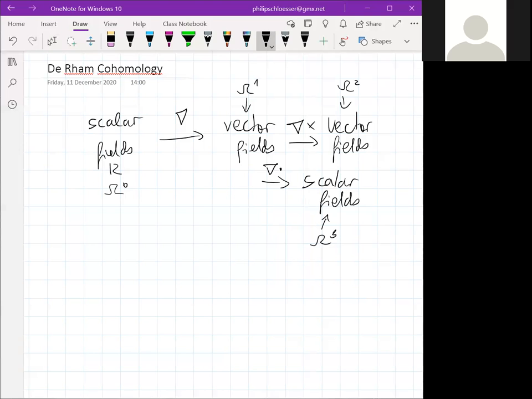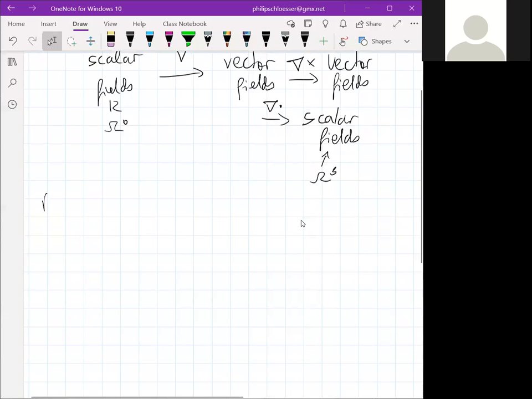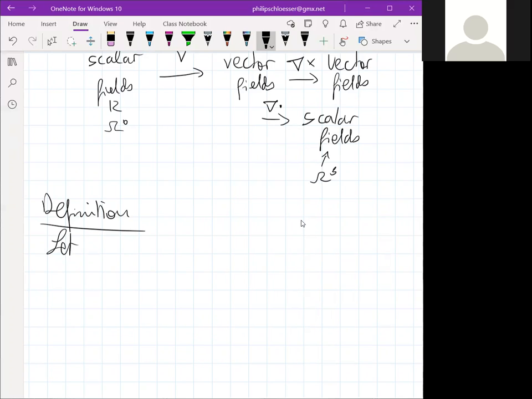Okay, so what are we actually talking about today? You may recall from differential geometry that for a manifold M, we had defined the tangent space at a point P. And now we can also take the dual vector space to that one.